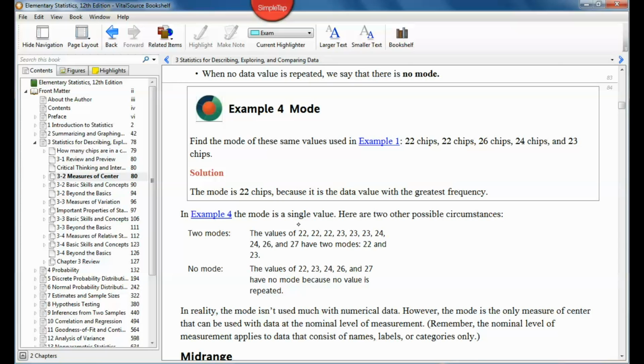We have 22, 22, 22, 23, 23, 23, 24, 24, 26, 27. It has two modes because 22 occurs 3 times and 23 occurs 3 times, and those are the largest frequencies. The next set has no mode: 22, 23, 24, 26, 27. No item is repeated, so that's no mode.